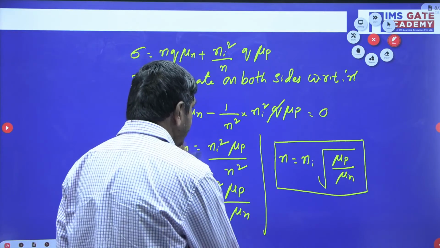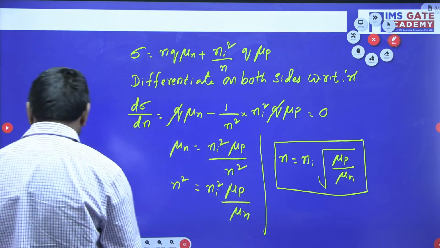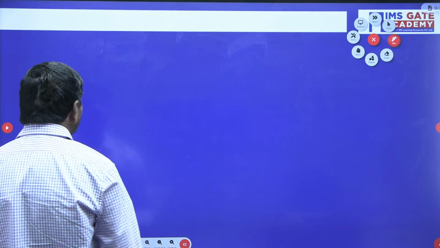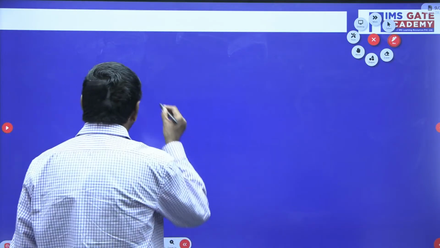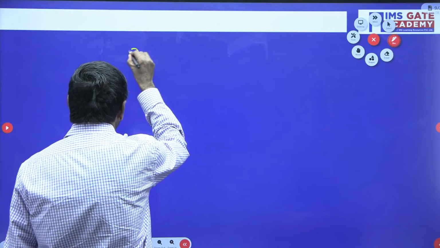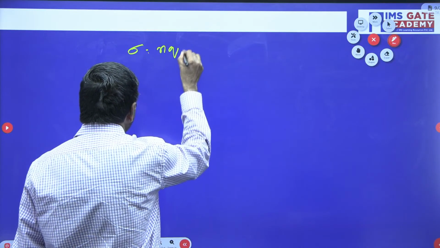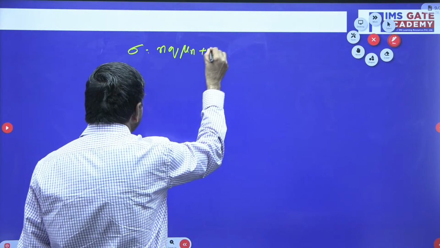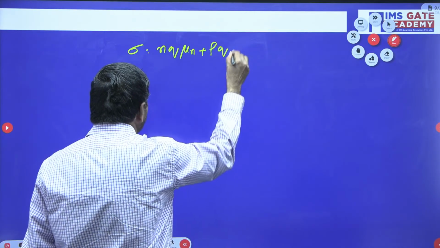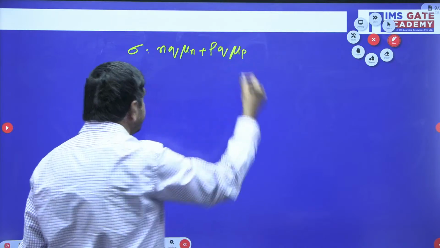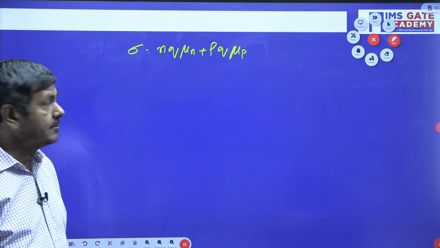How we can find the concentration of the holes? I will explain now. You can do easily now, but I will do again. But we know very well total conductivity, we got it n into q into mu n plus p into q into mu p. Like that I formed.